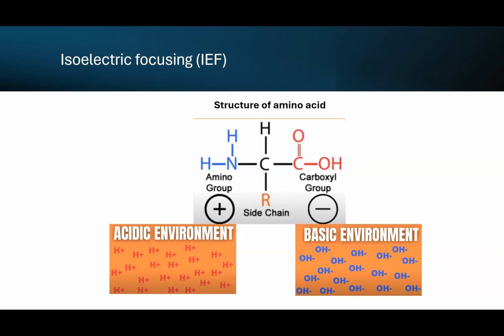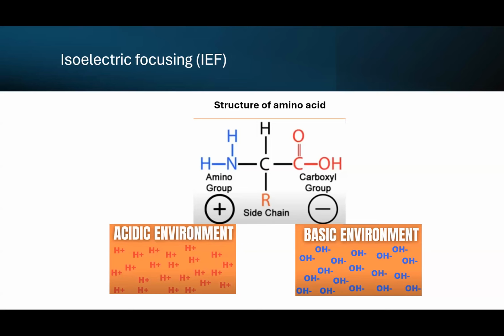On the other hand, in a high pH environment, there are lots of hydroxide groups, so the carboxyl group can easily give a proton away and become negative. So at low pH, the amino acid is positive, and at high pH, it becomes negatively charged.